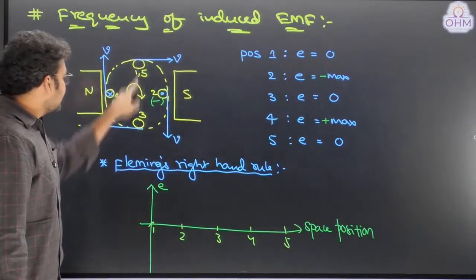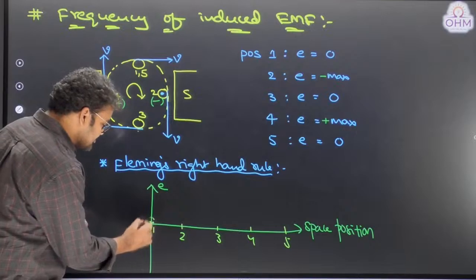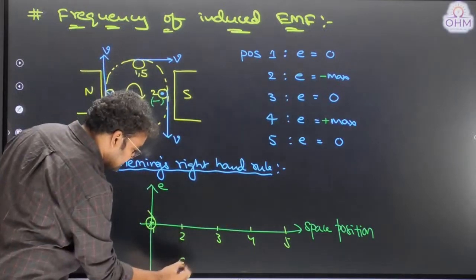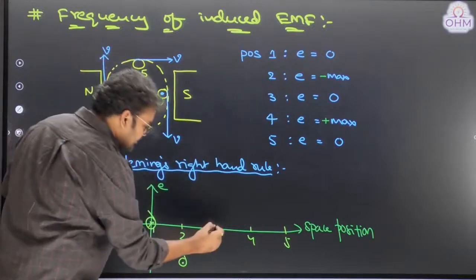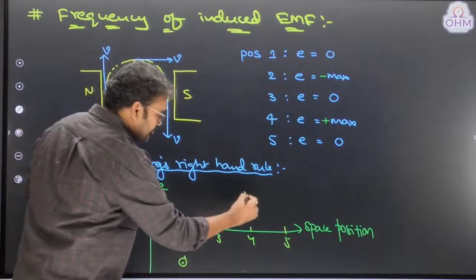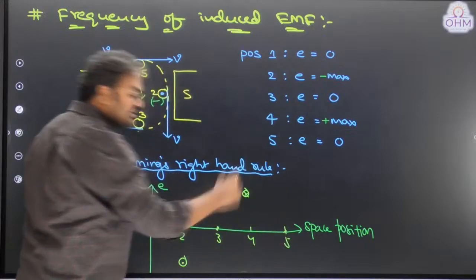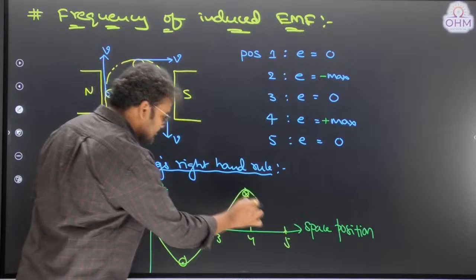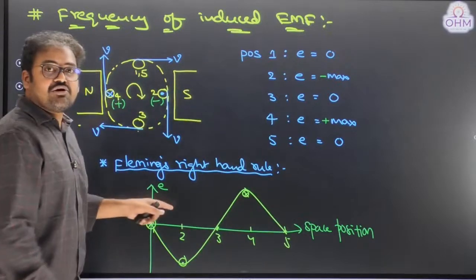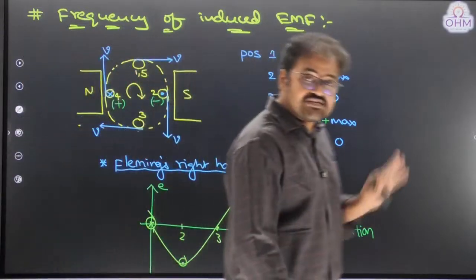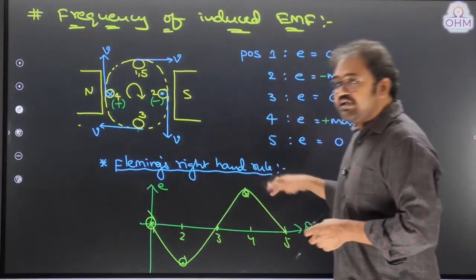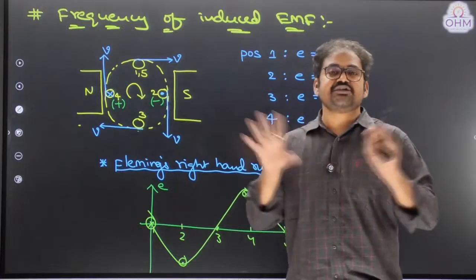At position 1 and 3 the EMF is 0. Position 2 negative maximum. Position 3 EMF is 0. Position 4 positive maximum. Position 5 EMF is 0. And if I combine all these points, what is your observation? Is it not an alternating voltage? Yes, definitely. Practically it is alternating voltage, but you don't get a pure sinusoidal waveform.